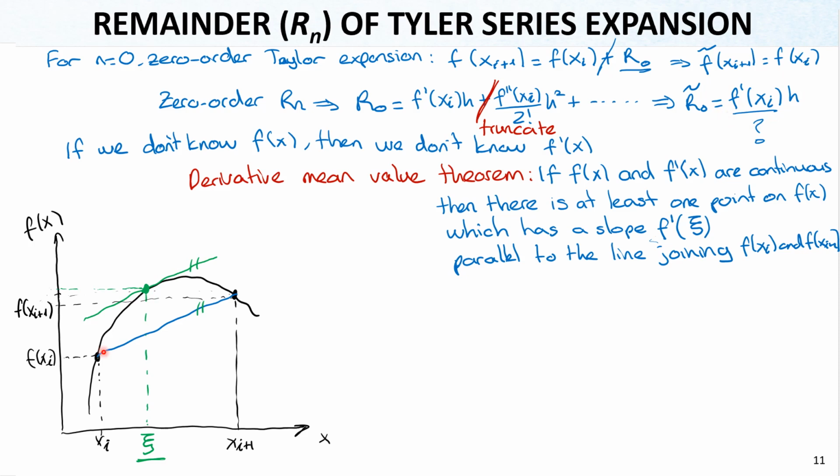an estimation. That's why if we find the slope of this, we can find the slope of this. That means we can find the derivative. That's that simple.